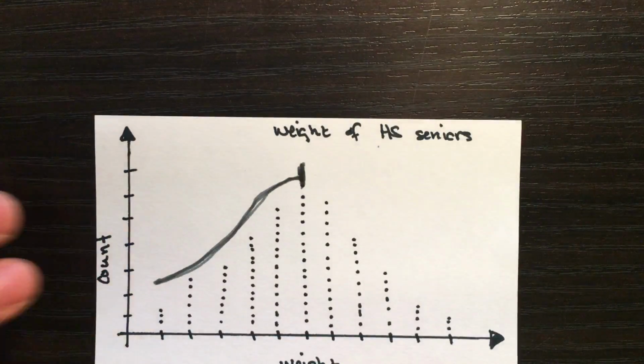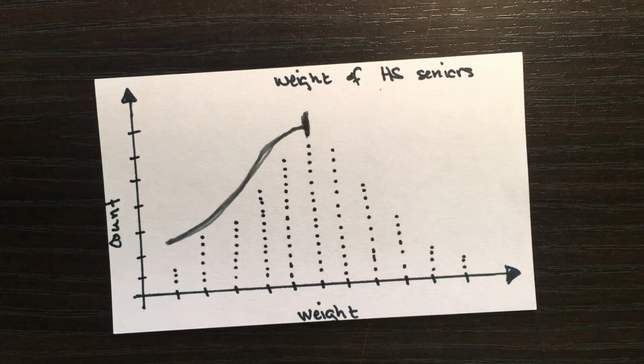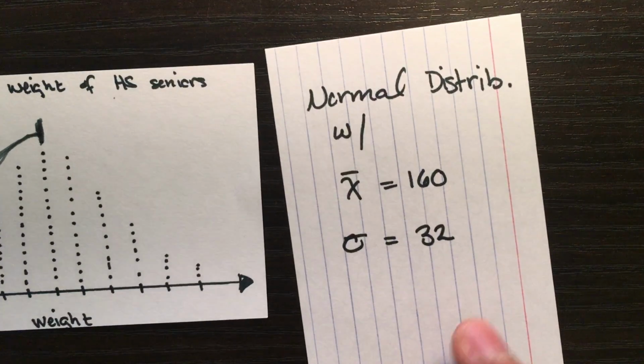And the reason that's so important is because instead of, say, giving you a bunch of data like that, or a bunch of flat files that you have to process somehow to get into a usable format, I can just tell you, hey, this distribution is normal, it's Gaussian.